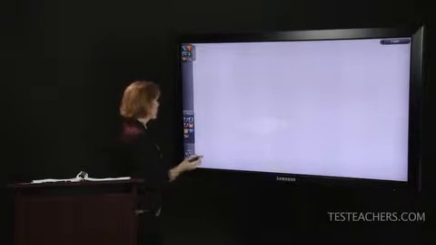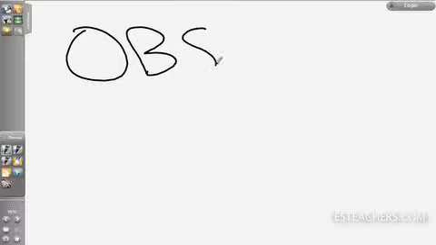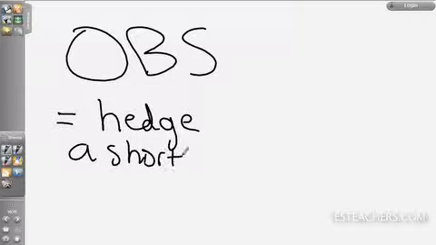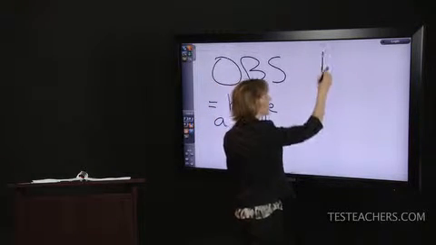There's one more thing that this open buy stop is good for. An open buy stop is the best way to hedge a short sale. You don't even know what that means yet. So there's a couple of terms that I need to explain to you.